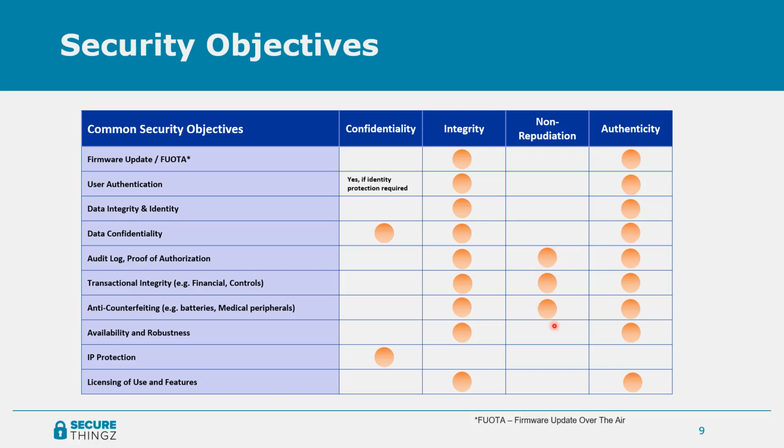The non-repudiation comes into effect when you're looking at audit information. Transactional integrity, very important for financial controls, and anti-counterfeiting. Basically this is to show or prove that the information came from who you expected. And then for IP protection, we're basically just looking at encryption and decryption capabilities.